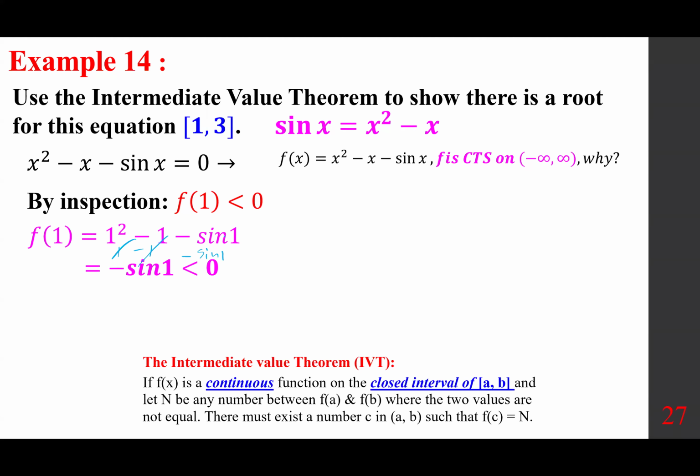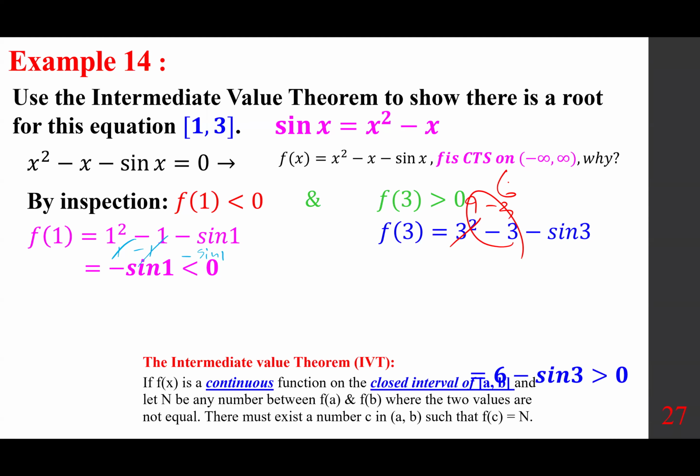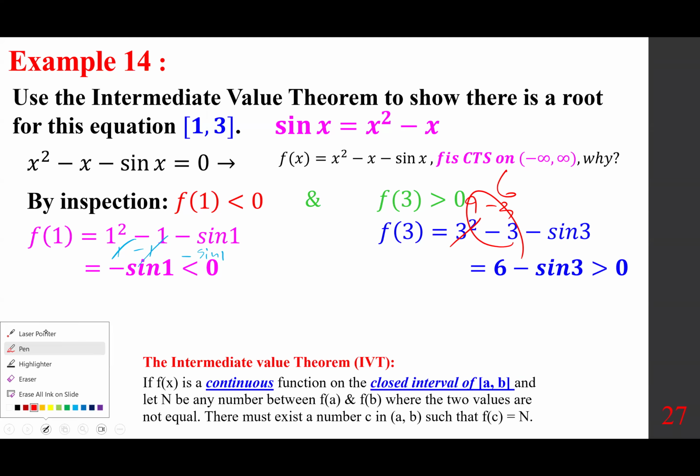Now let's plug in 3, and 3 makes it positive. Let's see how it works. If you plug in, nine minus 3 is 6. And 6 minus sine 3 is positive. Why is that? Because sine of 3, you don't even have to know the number. Sine is between negative 1 and 1. Worst case scenario, it's 1.